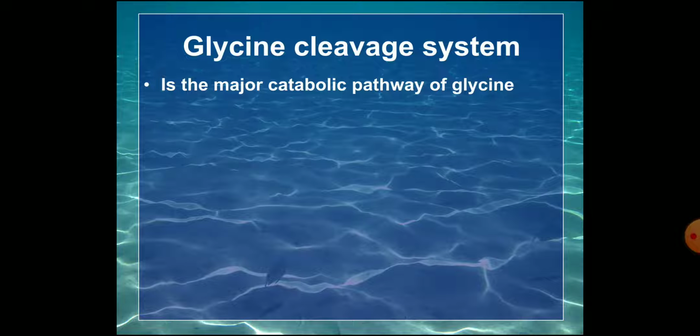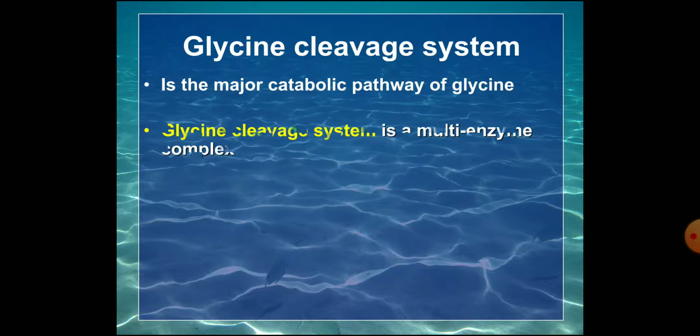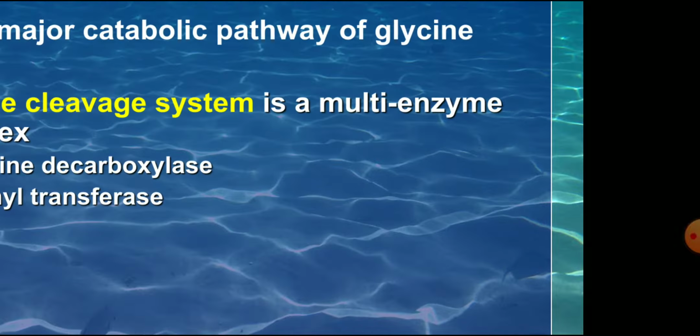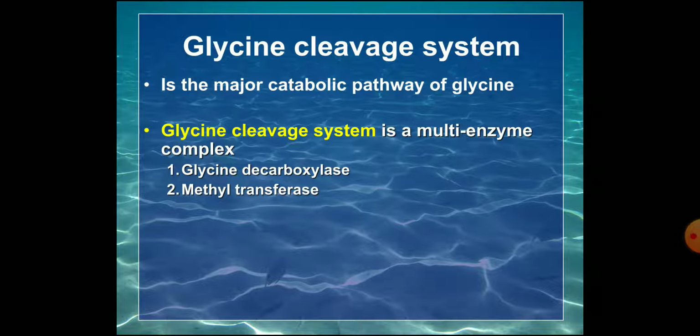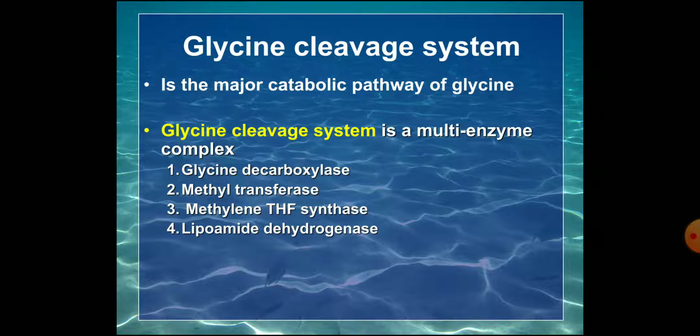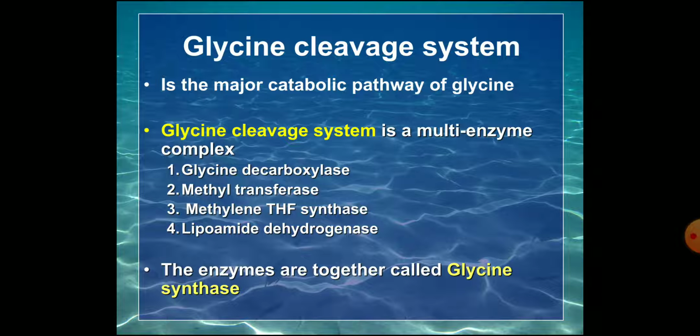So the glycine cleavage pathway is the major catabolic pathway of glycine. It is a multi-enzyme complex where glycine decarboxylase, methyl transferase, then methylene tetrahydrofolate synthase and lipoamide dehydrogenase are the enzymes together acting as the glycine cleavage system, and the reversal is called glycine synthase.